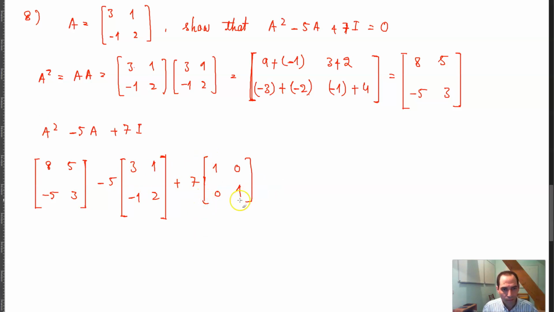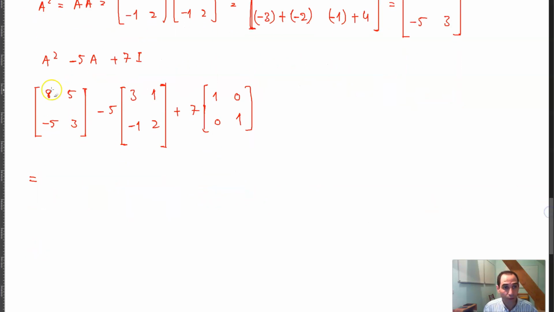So this is equal to 8, 5, negative 5, 3 minus 5 times 3 is equal to 15, 5, negative 5, and 10.